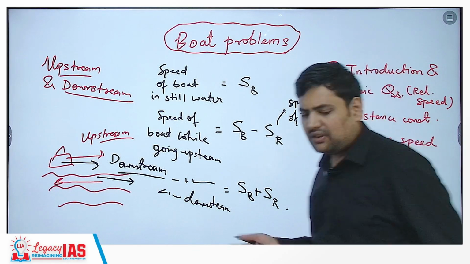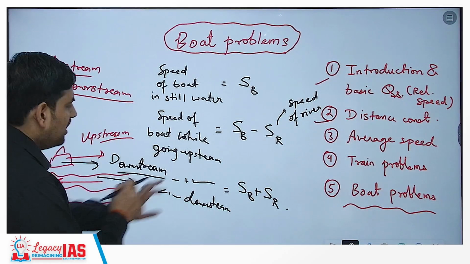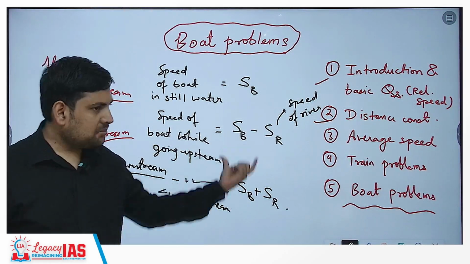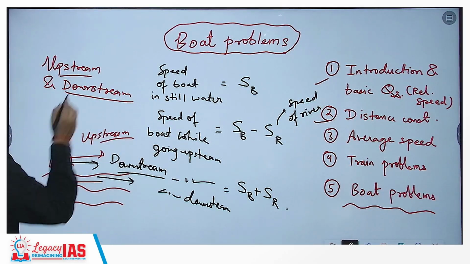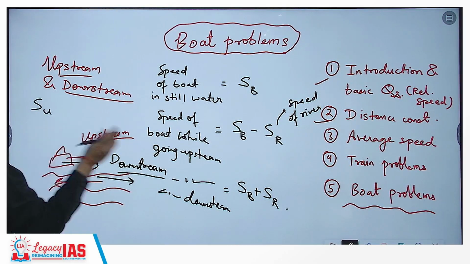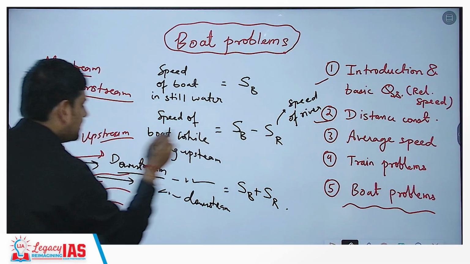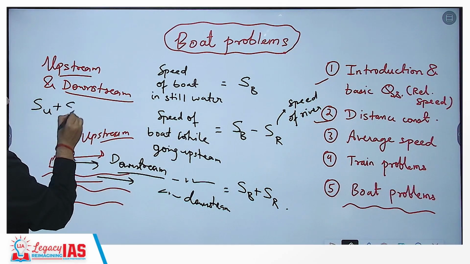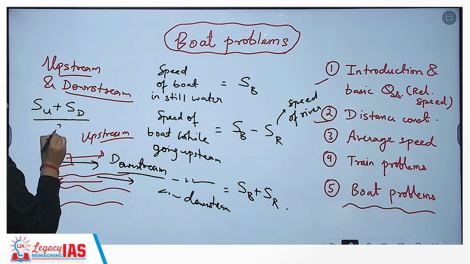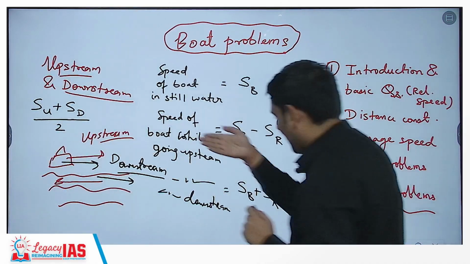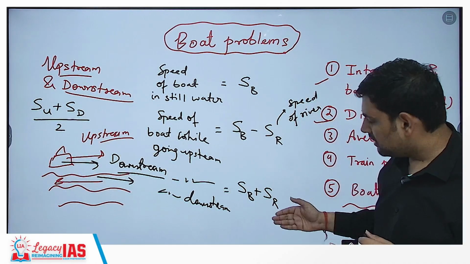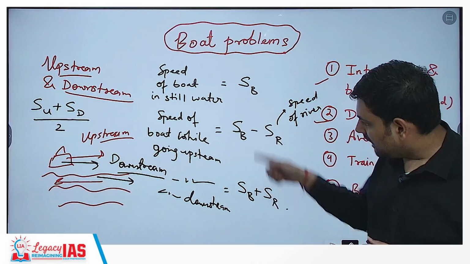Now, one formula that you can observe also: if you add speed upstream and speed downstream, divided by 2, now you see I'm adding this and this, so speed of river and speed of river will cancel out, you'll get 2 times speed of boat.